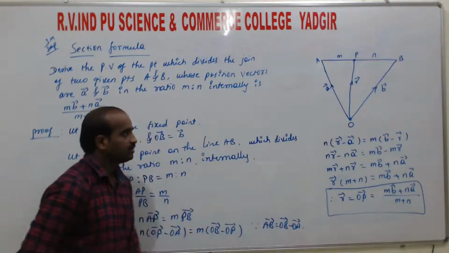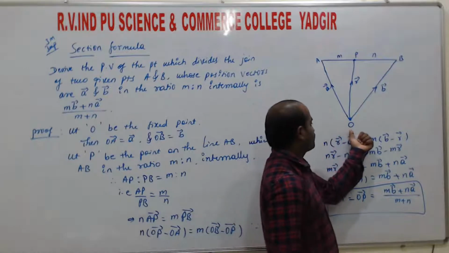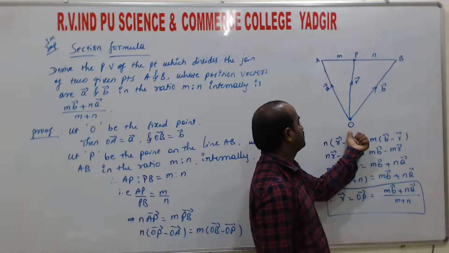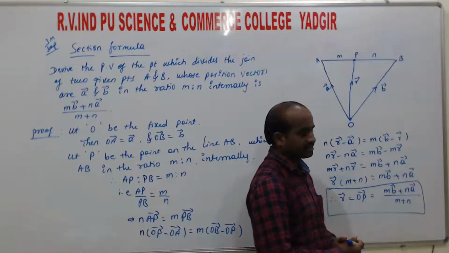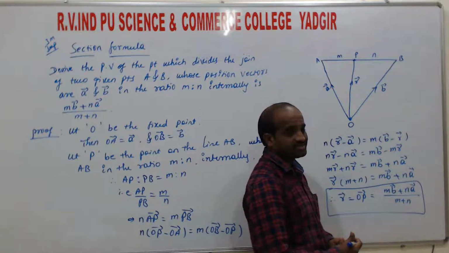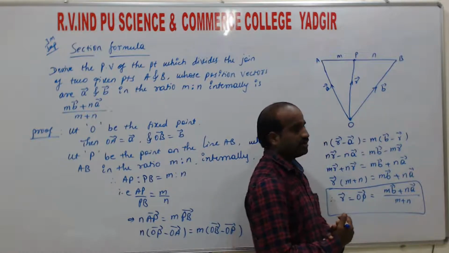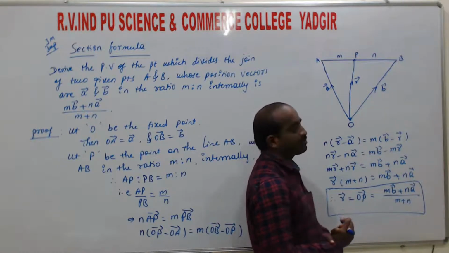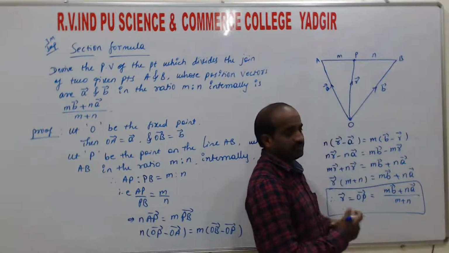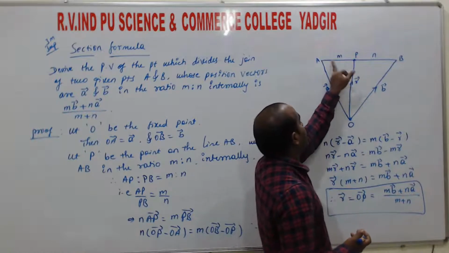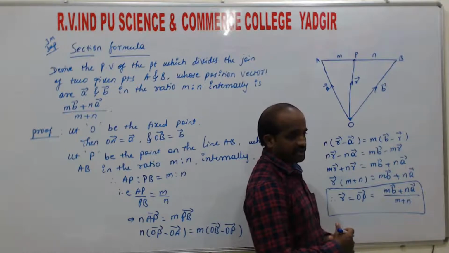Very simple. First, we take O as the fixed point. Now OA is equal to A vector, OB vector is equal to B vector. The position vectors of the points A and B are A vector and B vector. Next, we take P as a point on the line AB, which divides AB in the ratio M is to N internally.